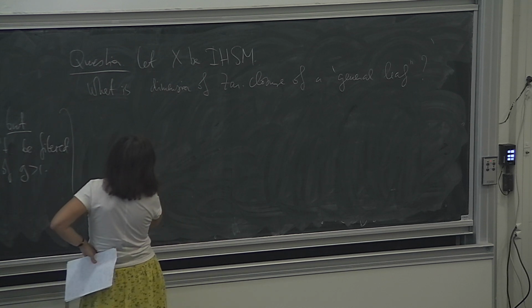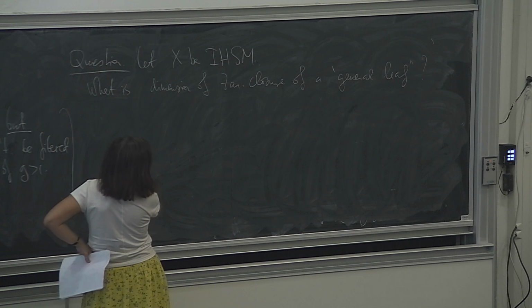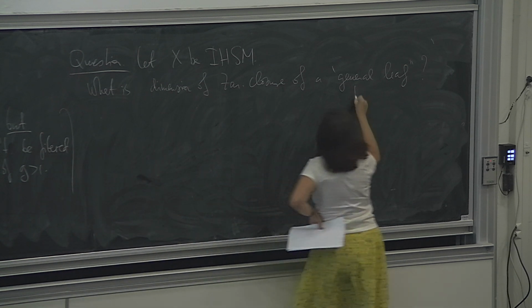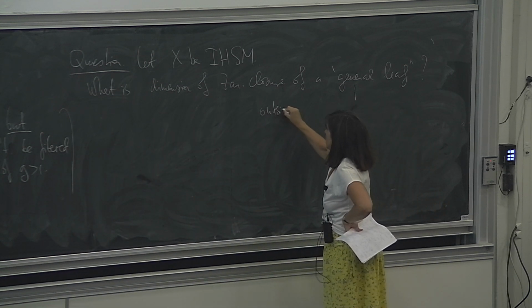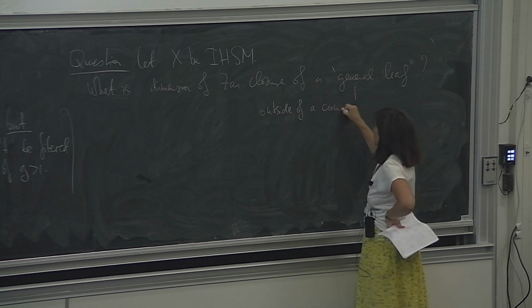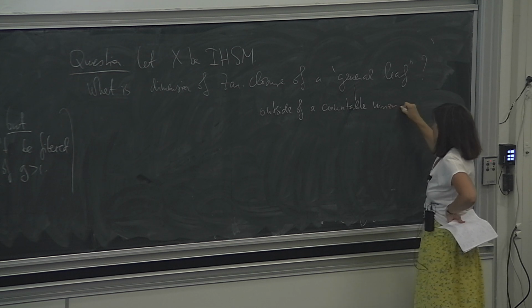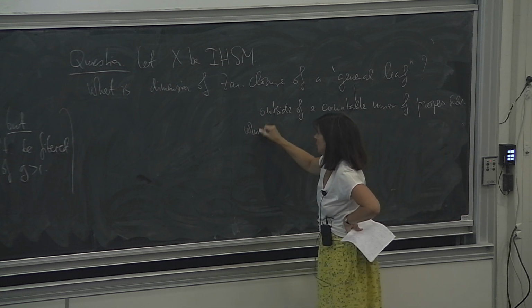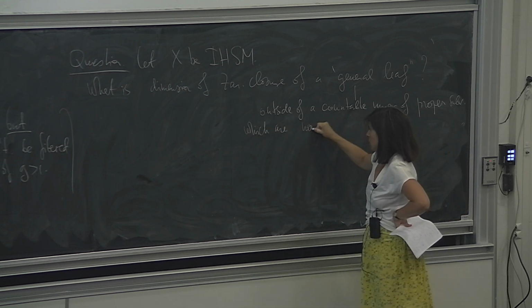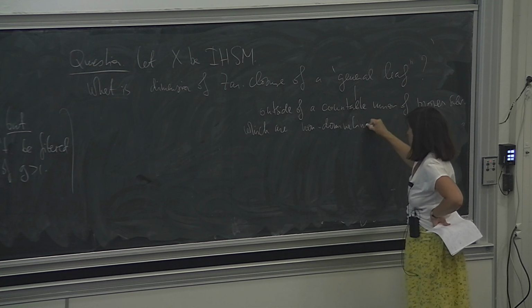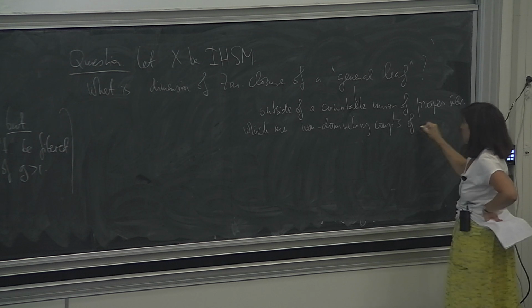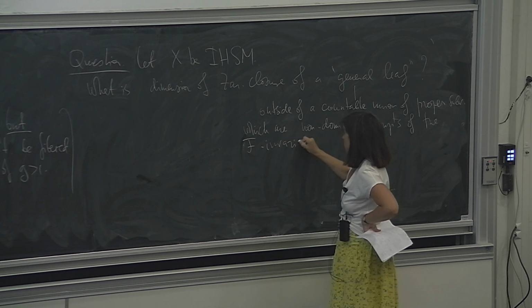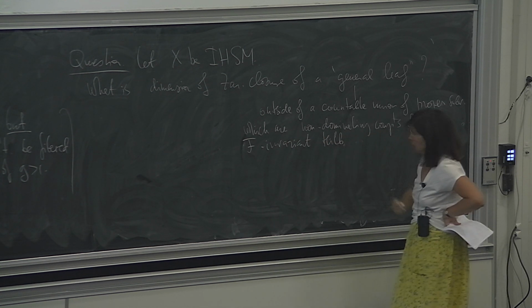Okay, this is outside of a countable union of proper subvarieties, which are non-dominating components of the invariant Hilbert scheme, F invariant Hilbert. Okay?